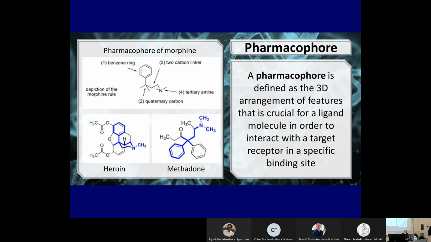By applying this approach, it's possible to synthesize methadone in a large scale, big quantities, and so we can use this compound without any problem. Here on the top you can see the chemical structure of the pharmacophore for this type of receptor. We'll see this concept, we'll see this approach directly on the chapter of this compound.